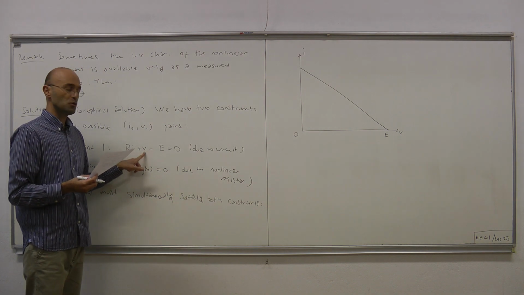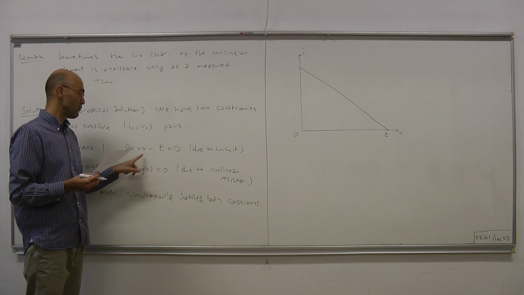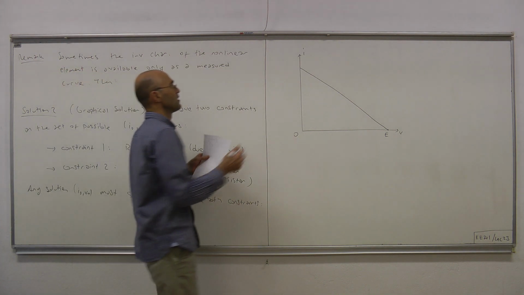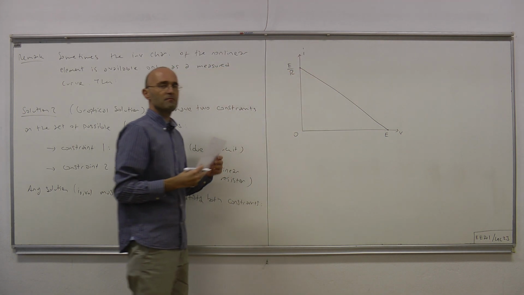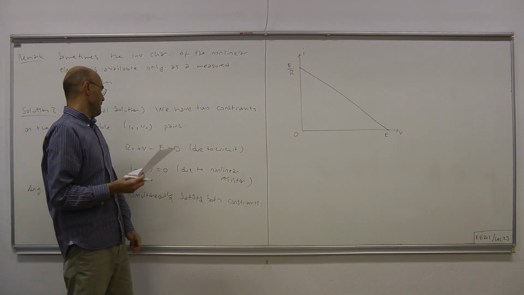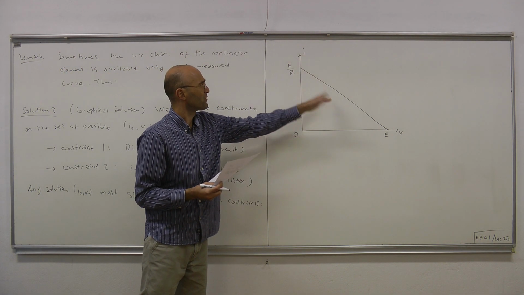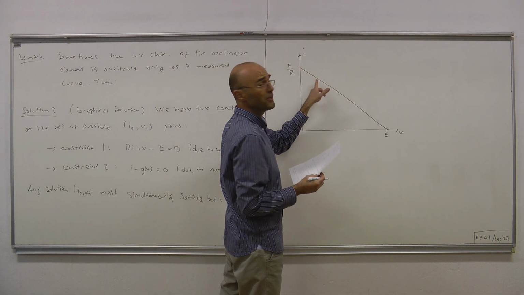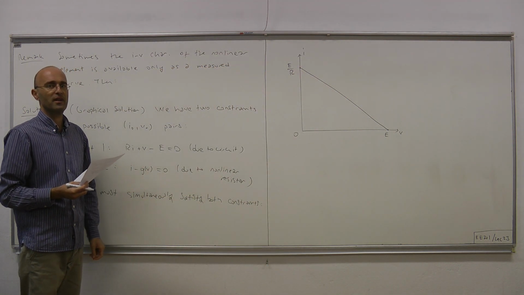If you let V equals 0, what you have is Ri equals E. Therefore the current when the voltage is 0 is E over R. So this point here is E over R. All the points on that line satisfy the first constraint.